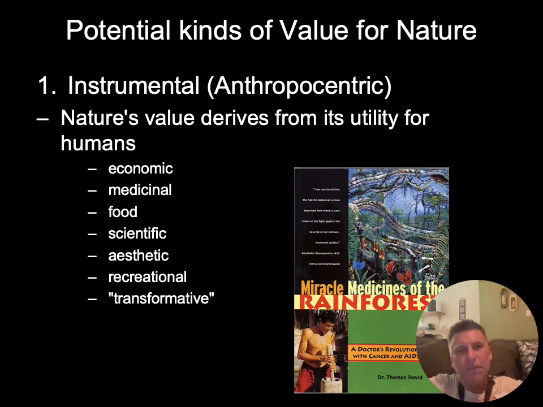This idea of instrumental value for nature is that, again, there are different ways of thinking about this, but probably the simplest is that the instrumental or anthropocentric value of nature is that nature's value derives from its utility for humans. So maybe its utility is economic. You can have a financial value from something in nature. Maybe it's medicinal, the cure for cancer in the rainforest kind of thing. Food value. Obviously, we use nature to get nourishment as humans.